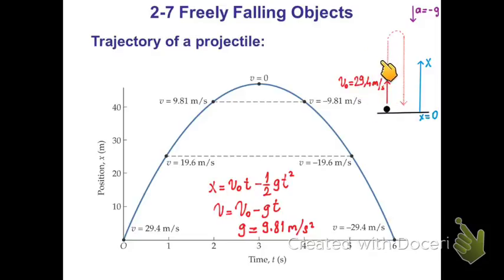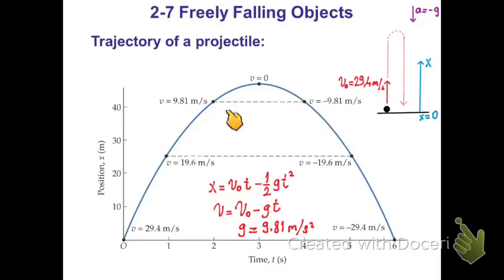So acceleration and the velocity are in the opposite direction. Eventually it will stop at a certain height, and it will stop right at the top when time t is equal to 3 seconds if you throw the object with an initial velocity of this particular value, 29.4 meters per second.